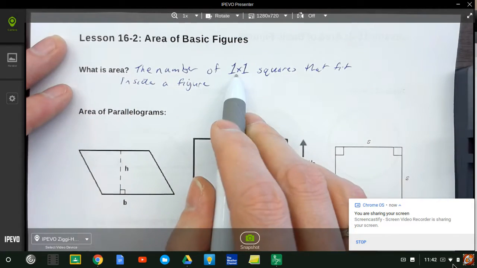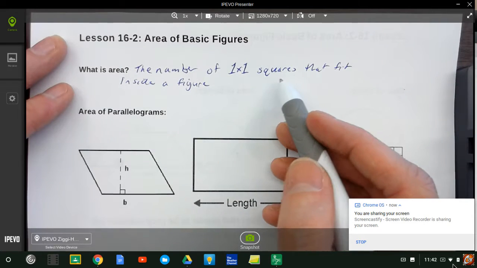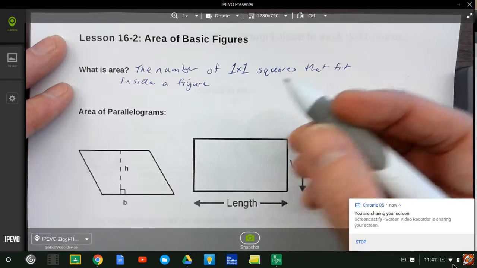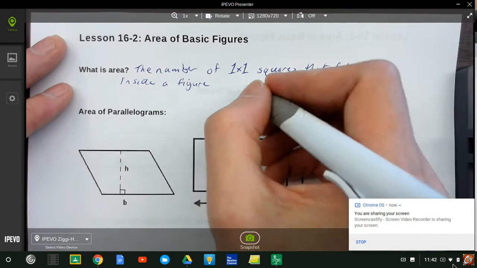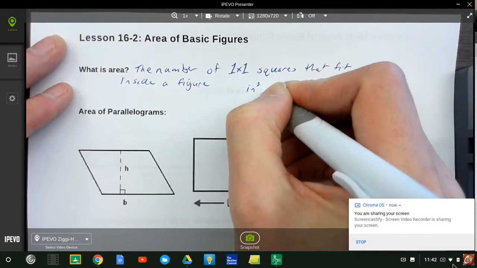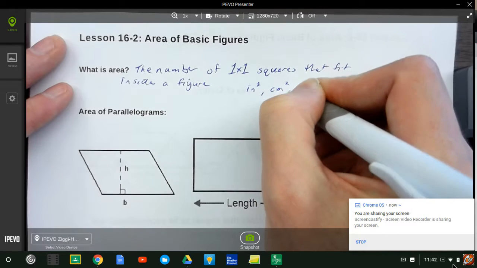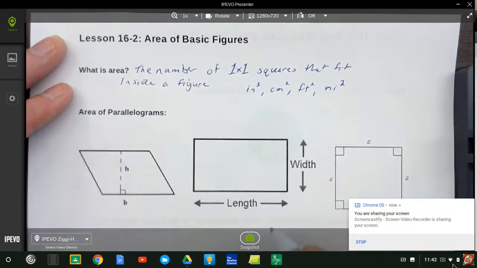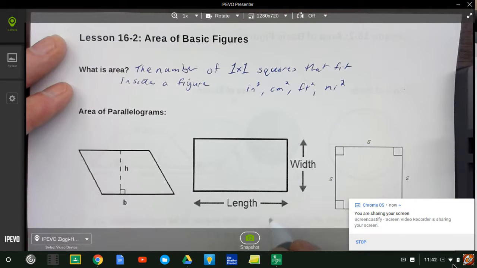Now those squares could be the entire square, or maybe we're cutting those squares into smaller pieces, so you get area of like 2.5 squares. Okay, that's why our area comes in units that are square inches, or square centimeters, or square feet, or square miles even, depending on if you're thinking of acreage of land.